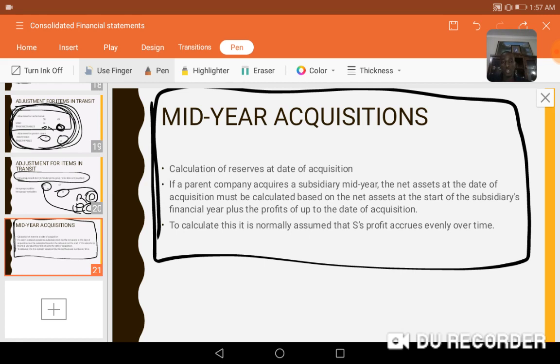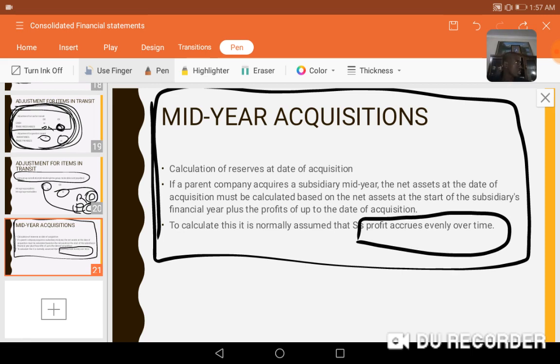And you will find that we purchase it somewhere, maybe in the ninth month, or the 6th month, or the 3rd month. But we need to consolidate. What we will do is proportionally split the profits, because we assume that profits accrue evenly throughout the year.